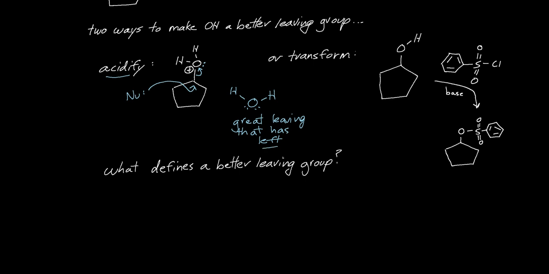Okay. Another way is to transform the alcohol group like this, and this should hopefully look very familiar, through a reaction, a derivatization in the presence of base, which would remove that hydrogen, deprotonate in base.